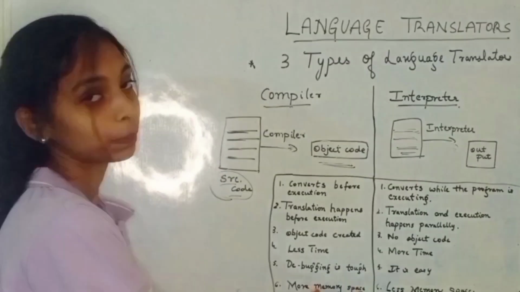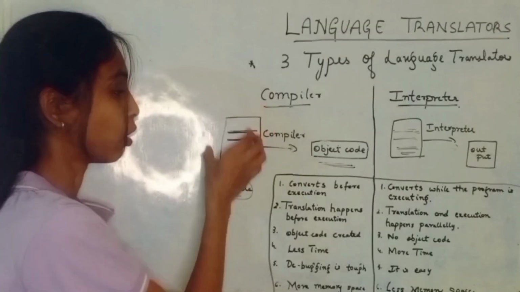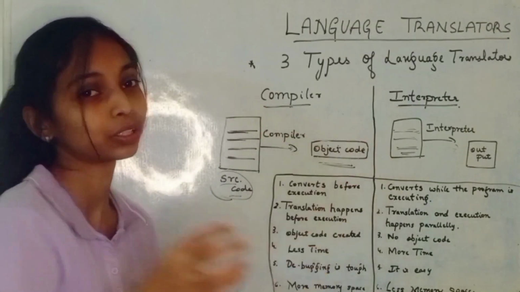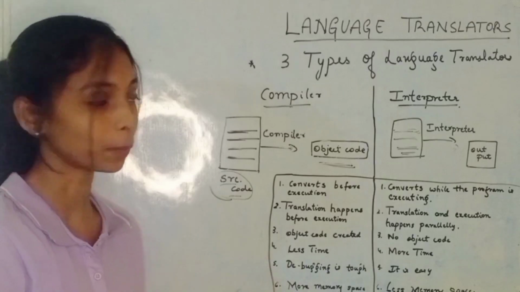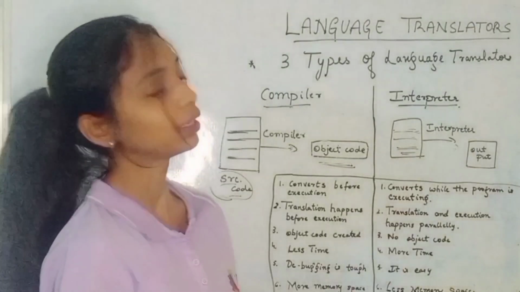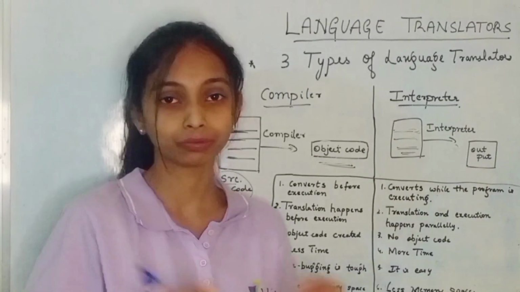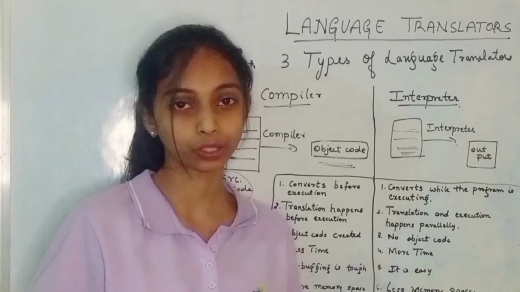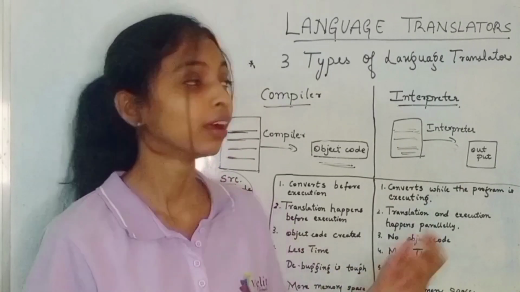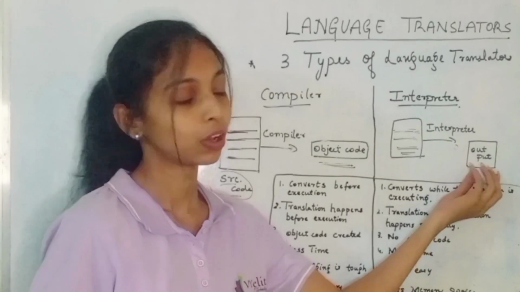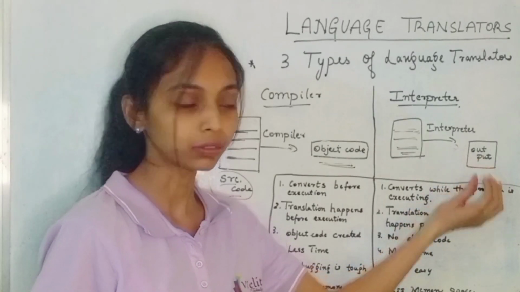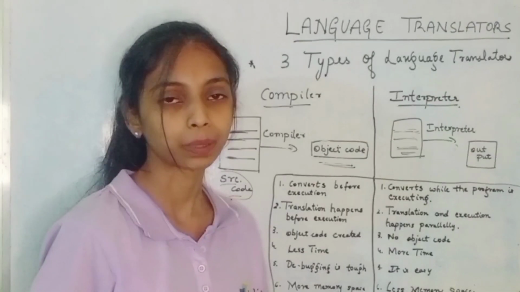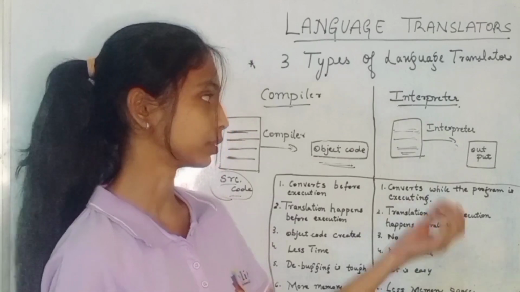So more memory space is needed because the object code is a huge thing which needs to be stored. Whereas in the interpreter, less memory space is needed because we will not have any object code or any such things generated. Only the direct output is fetched. So less memory space is required in the interpreter.